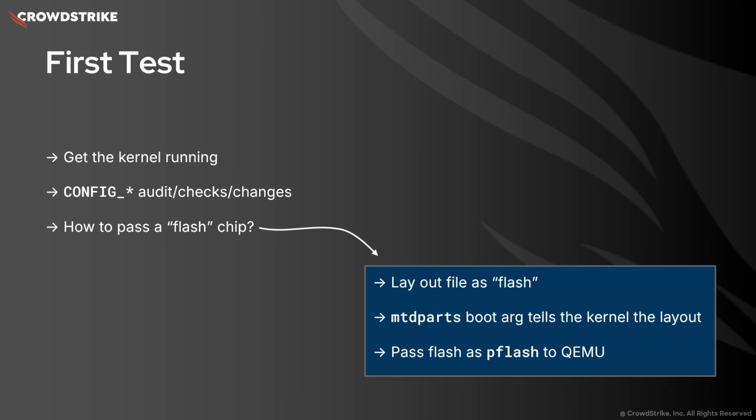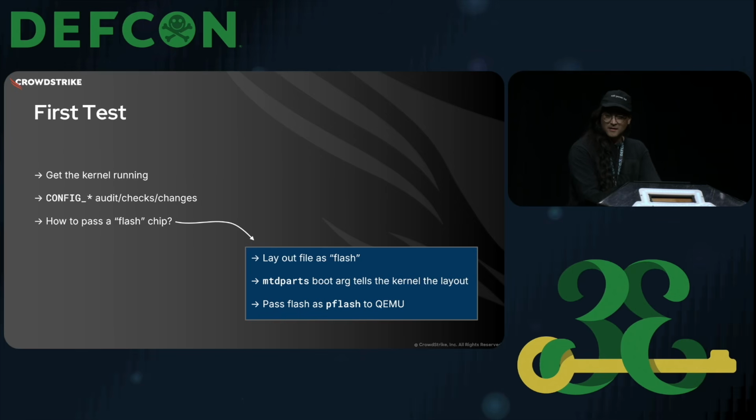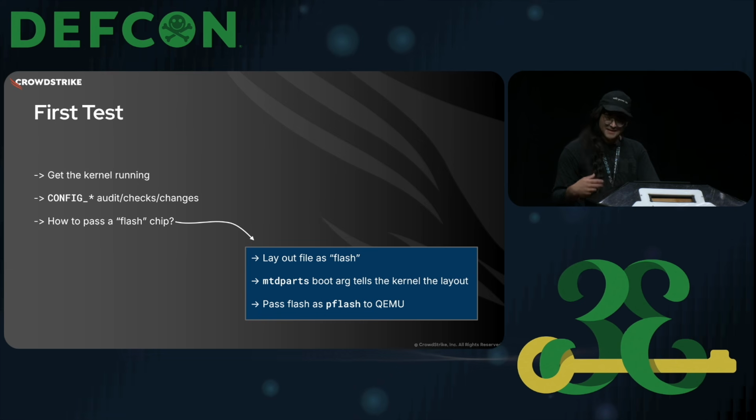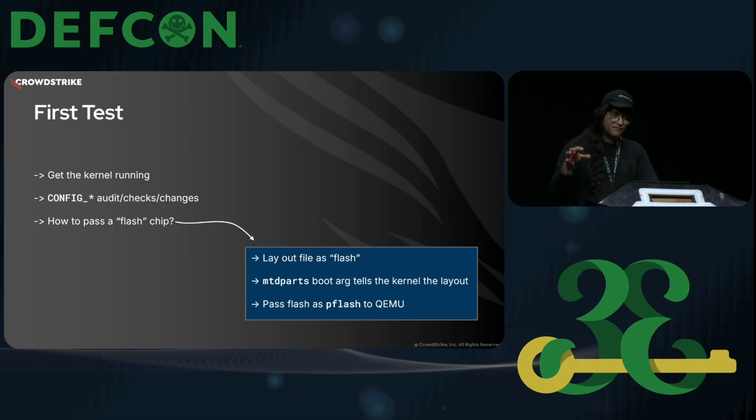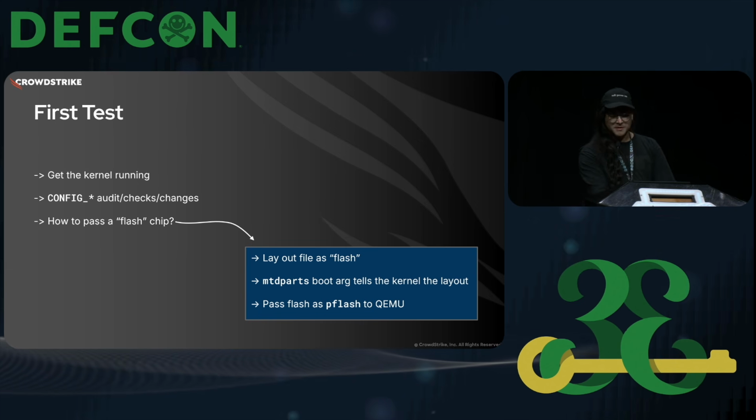Once the kernel's compiled and running, it works pretty well. The kernel loads into the vExpress machine. You do need to edit the kernel config a little bit. You have to make sure that you enable things like squashfs and MTD and the kind of stuff that you want to have in your rehosting kernel.